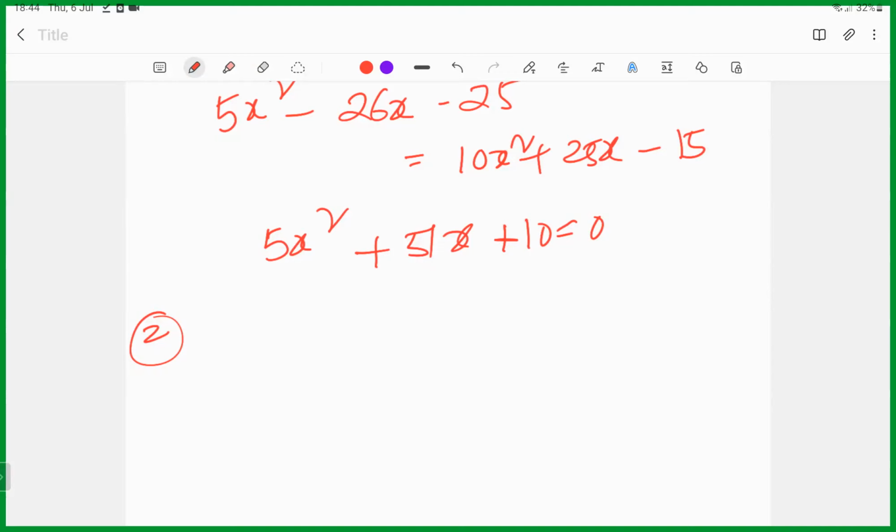It has two distinct roots if... how to solve it? Ax square plus 2x plus a equal to 0, then it has two distinct roots. What is the condition?